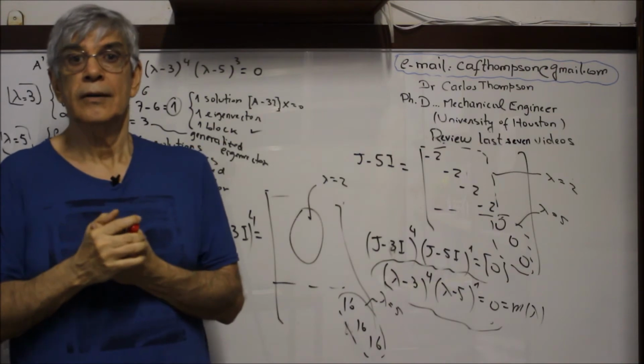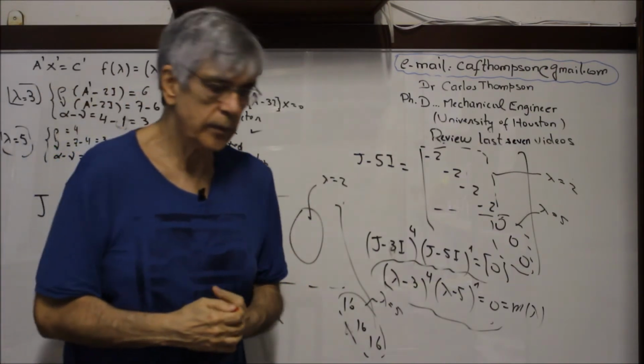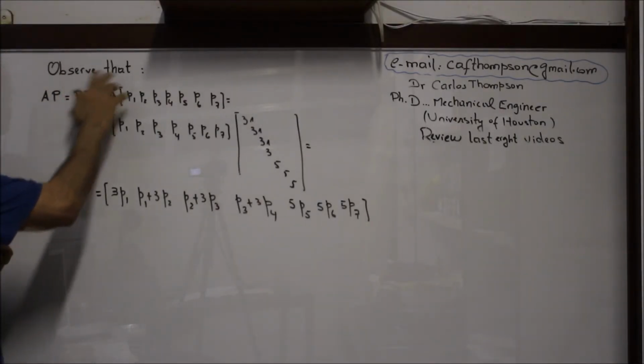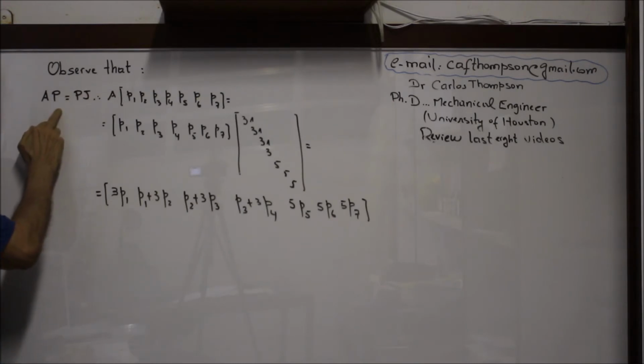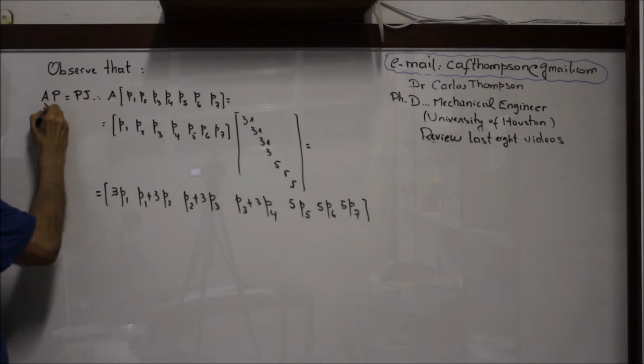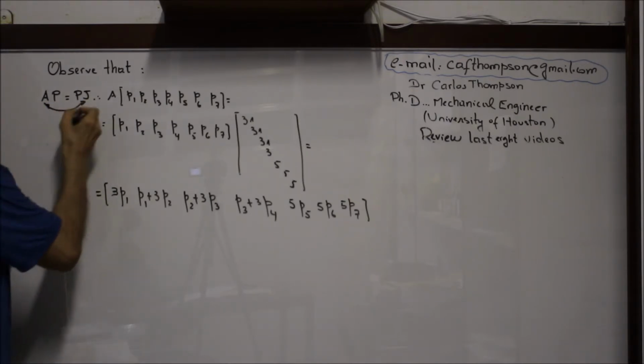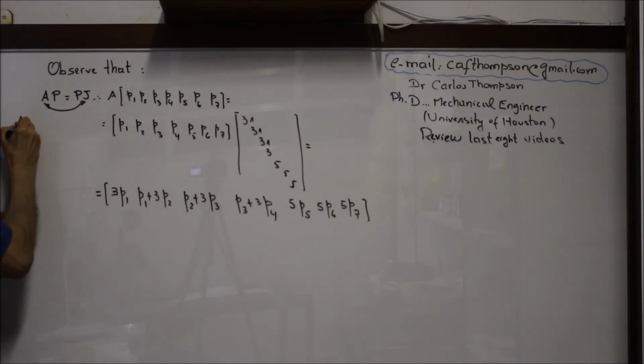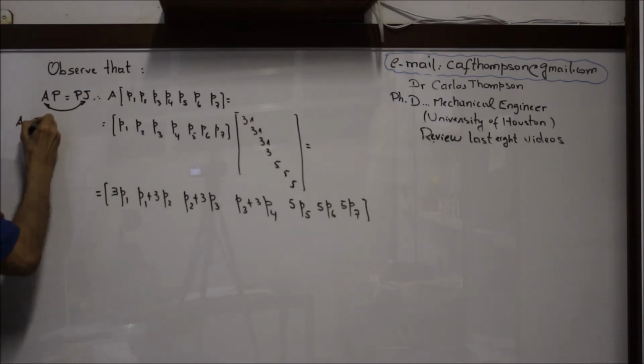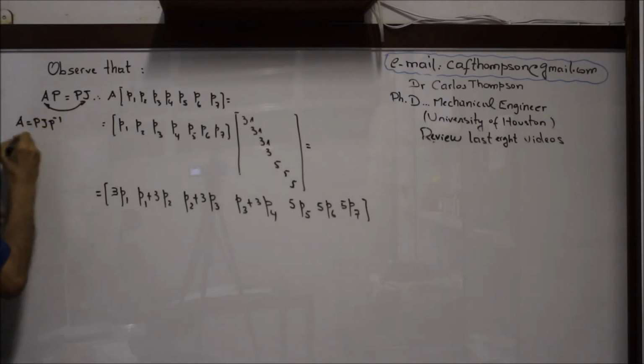I have to know. That's a minimum, okay? And observe that AP is equal to PJ, and A and J are similar matrices. From here we can get A is equal to PJP minus 1.